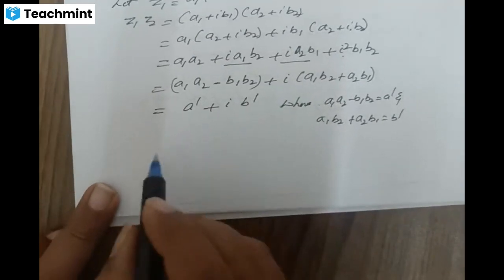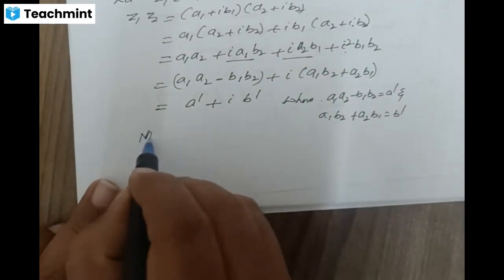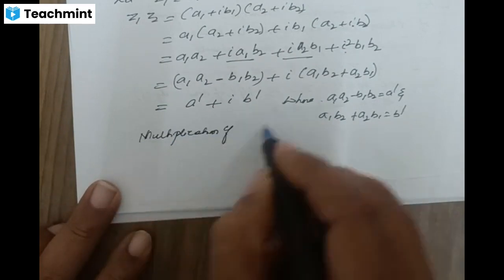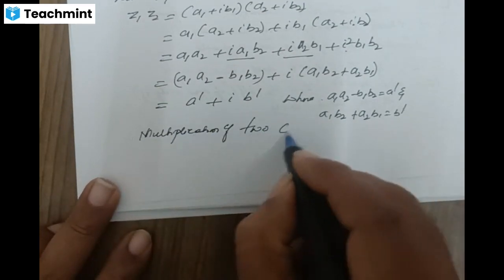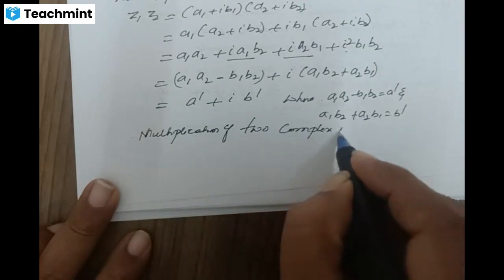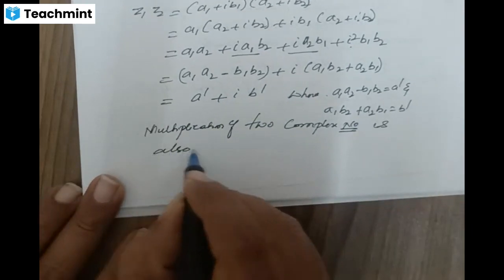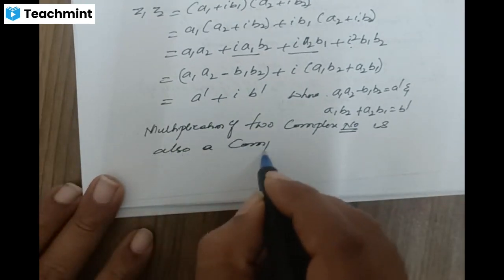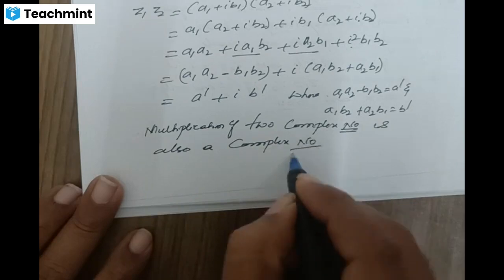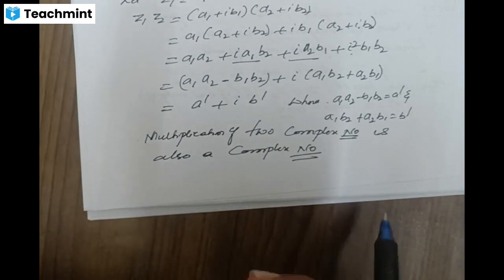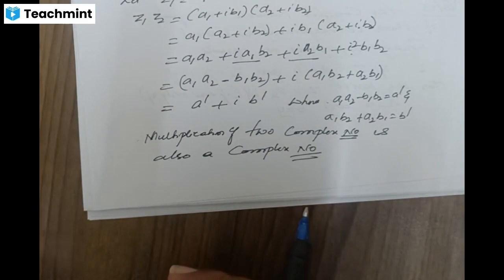That means multiplication of two complex numbers is also a complex number. First, addition of two complex numbers is a complex number, subtraction is also a complex number, multiplication is also a complex number.